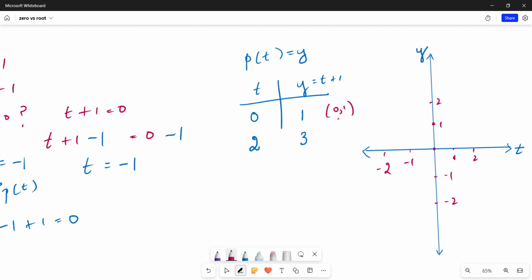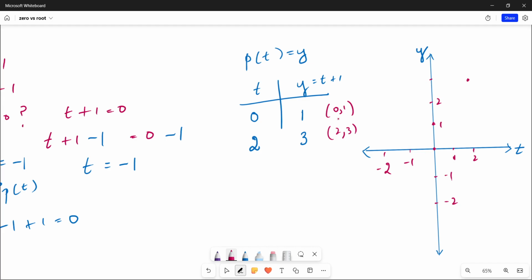This is 0, 1, 2, 3. This is our second coordinate, 2 and 3, right? So somewhere here, 2 and 3. Let's try connecting these two points using a line and look at the line.